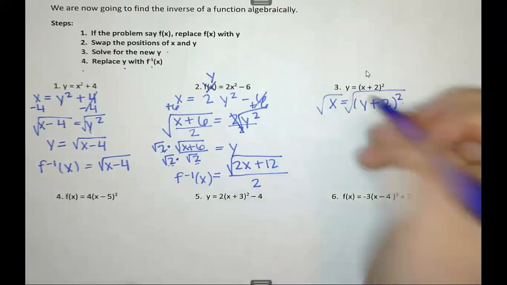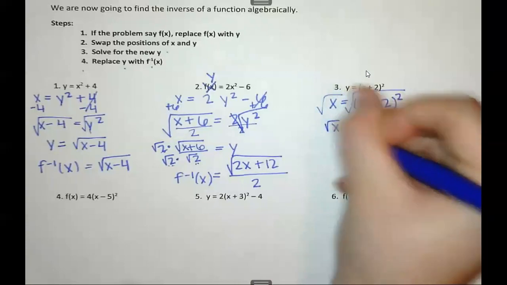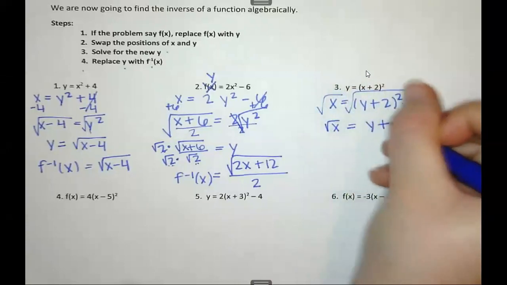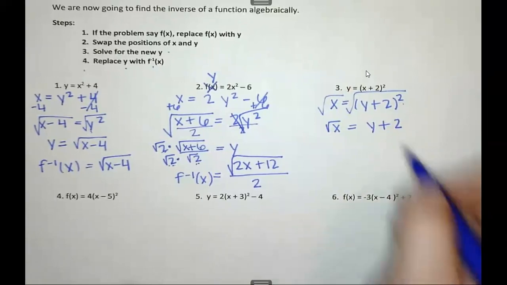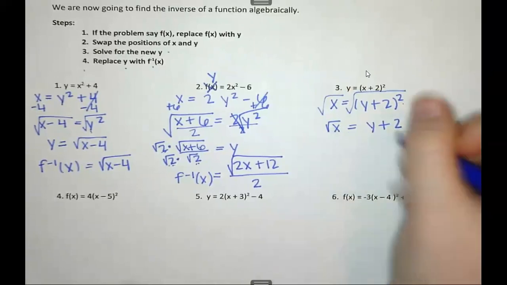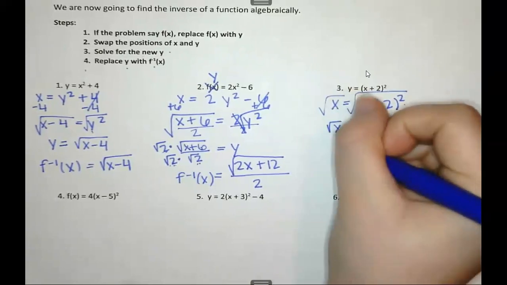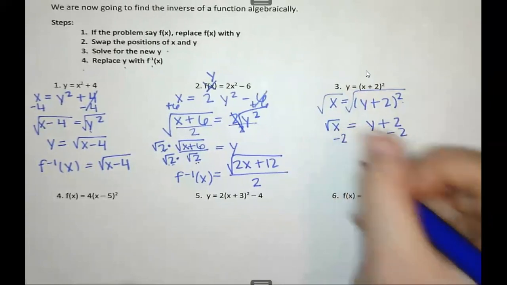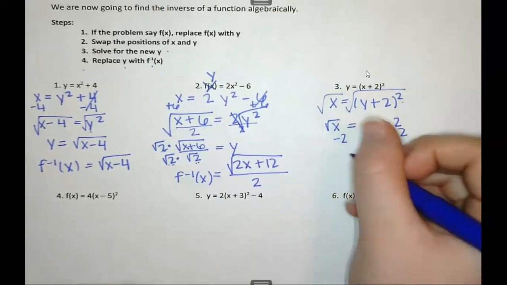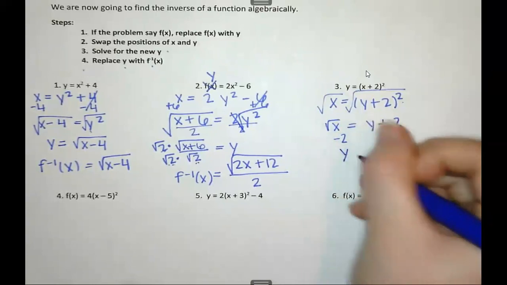All right, so now I have the square root of x equals y plus 2, because we got rid of that square. Now I need to move the 2 to the other side, so I would do that by subtracting. I cannot combine these, so I'm going to move the y to the left.